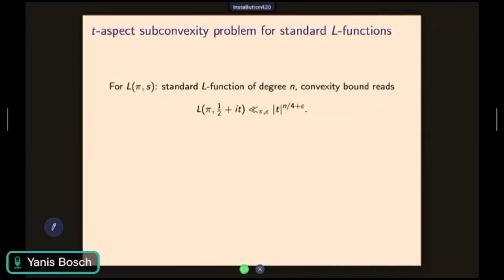So, okay, one fairly recent result that motivated some of the technology that I'll talk about in the talk is the problem of just bounding a standard L function as its argument varies. So if you, for example, fix an automorphic form pi and you vary the argument t, there's again a convexity bound which looks like the nth power of the convexity bound for the zeta function.